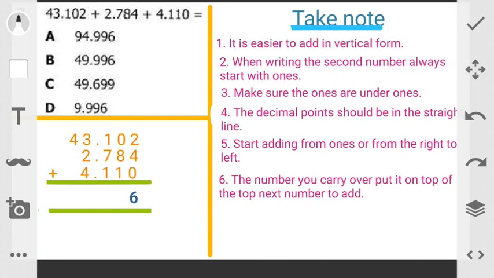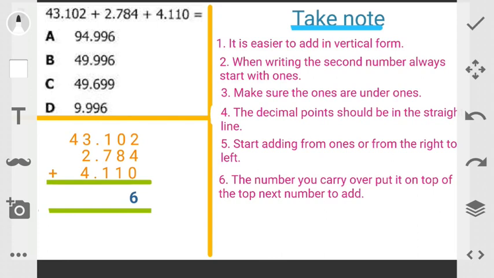So we are saying 2 plus 4 plus 0, that is 6. We will write 6 there. What is the sum of 0 plus 8 plus 1?